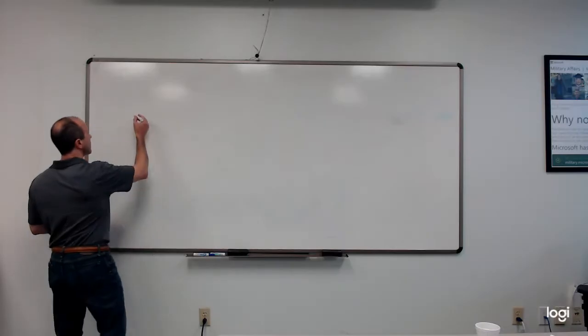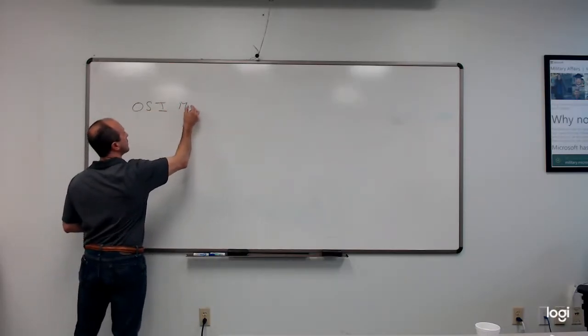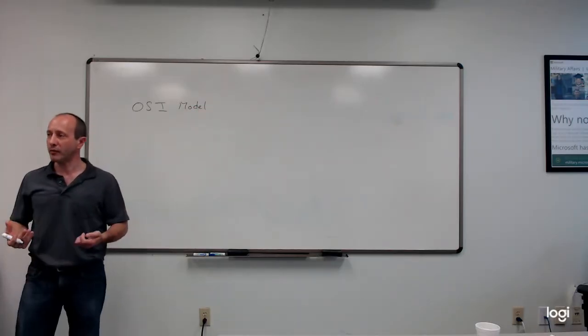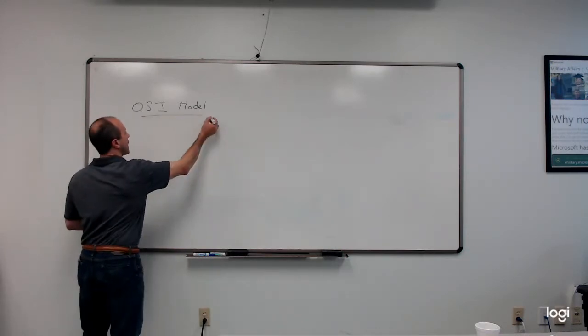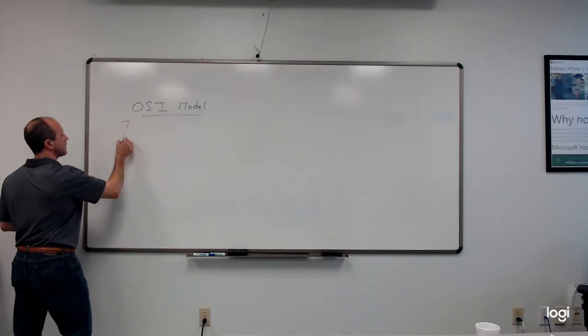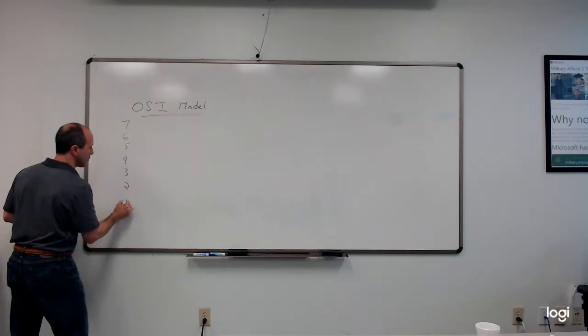So we have something called the OSI model. The OSI model or the OSI reference model, it's the same thing. The OSI model has 7 layers: 7, 6, 5, 4, 3, 2, 1.